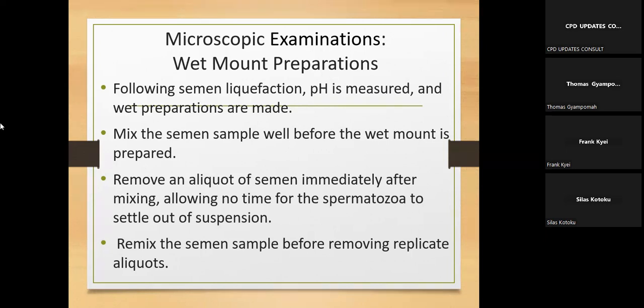So, remove an aliquot of semen immediately after mixing, allowing no time for the spermatozoa to settle out of suspension. Remix the semen sample before removing replicate aliquots. What it means is that if I mix the specimen and pull out a drop, then examine, and I just want to repeat, don't assume that you have already mixed.